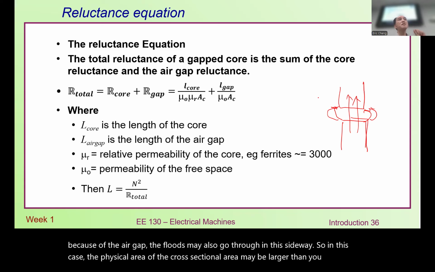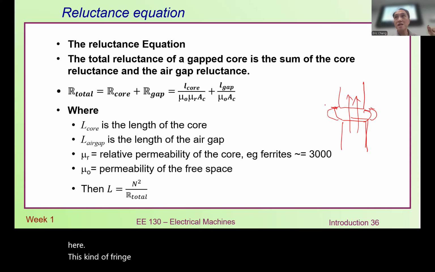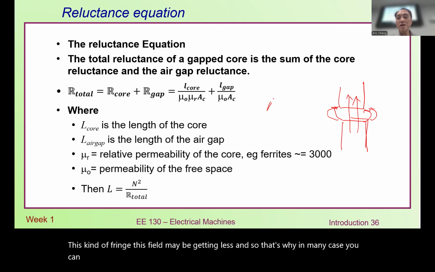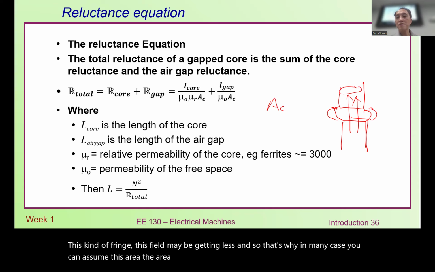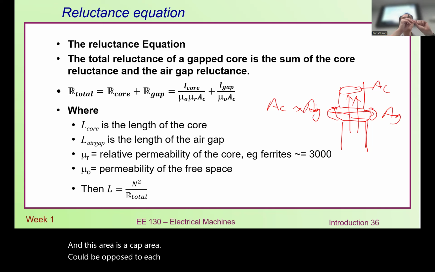However, if the air gap is very small, the fringe field will be less. That's why in many cases you can assume the core area and the air gap area are equal to each other when the gap is really, really small. That's what we like to see.